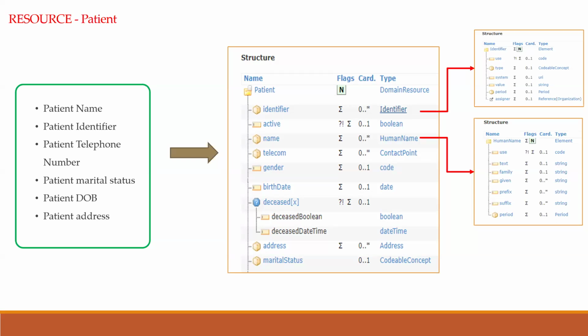Once we start exploring the structure of a FHIR resource, we'll take a deeper look at each one of these options. But for you to have an overview, the generic data that we see on the left-hand side can be stored in FHIR, and FHIR has already predefined a lot of structures, which are called structure definitions, and made them available.